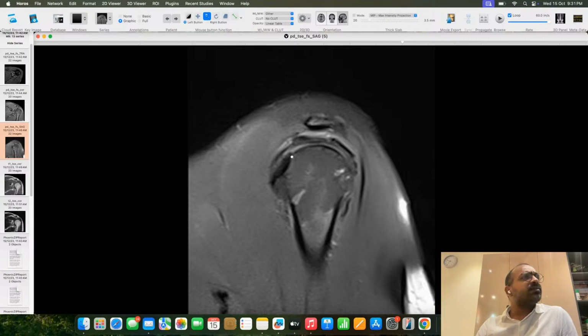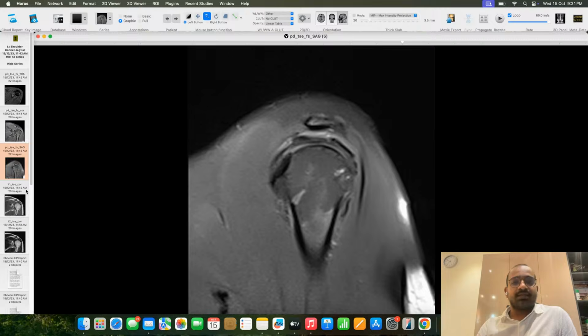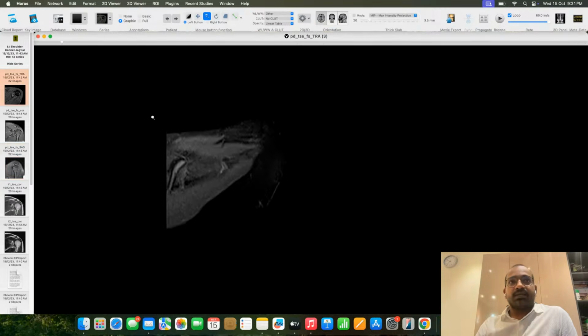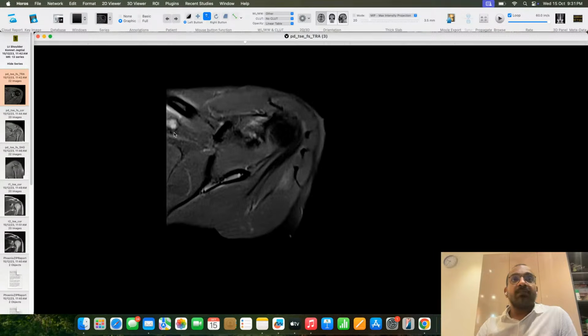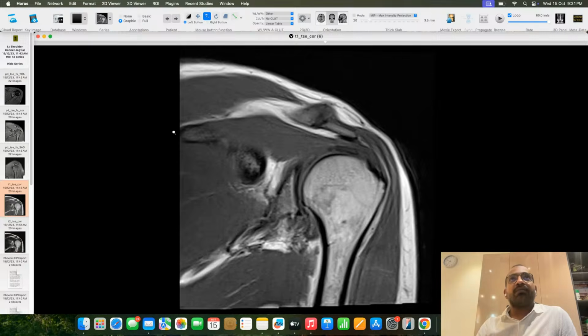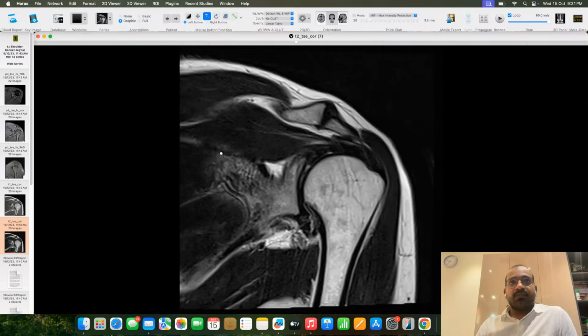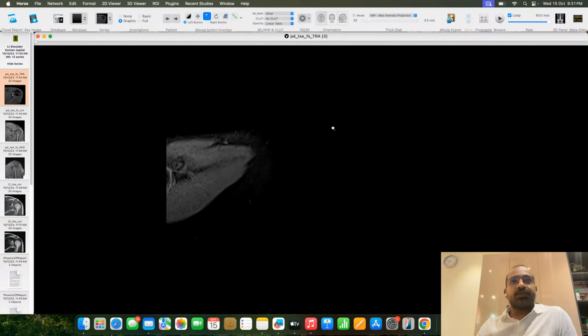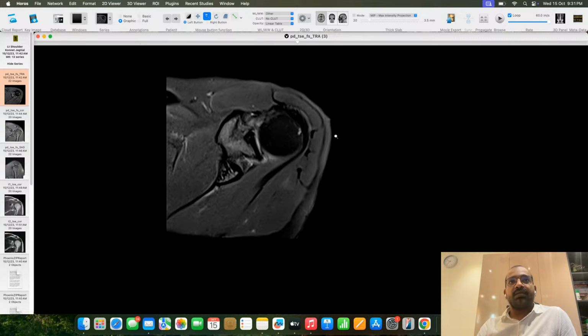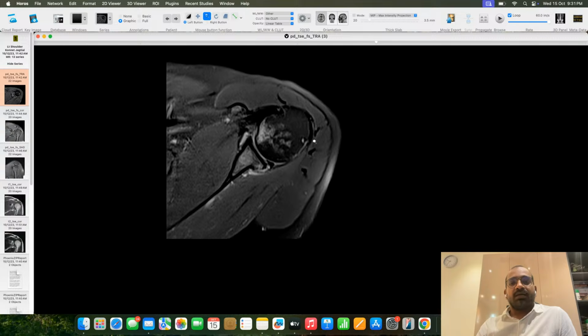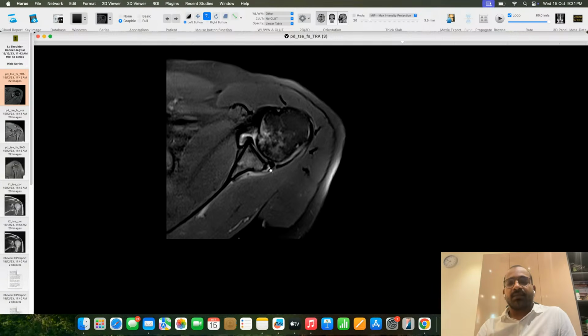Any diagnosis? I'm showing you again, these are the PD images. Okay. What is happening here? Yeah, SLAP is there. Okay.